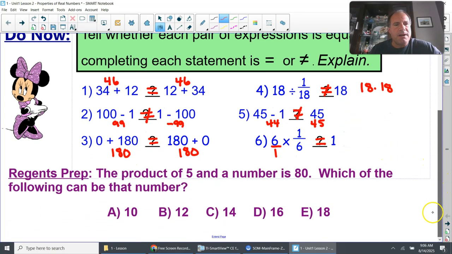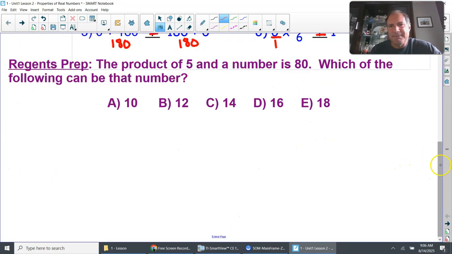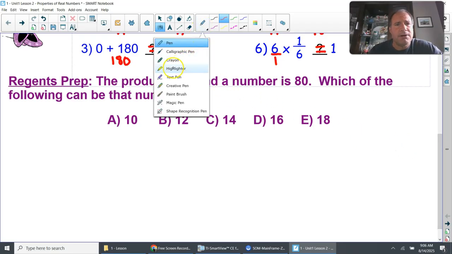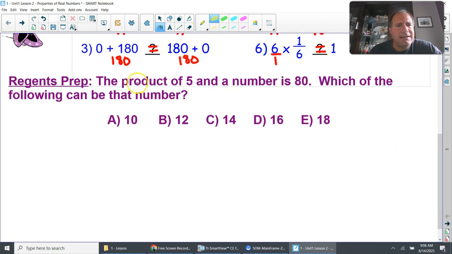So for the Regents prep, the product of 5 and a number is 80. Which of the following could be that number? So I'm just going to go and highlight product, 5 and a number, and then we're going to say 80 right here.